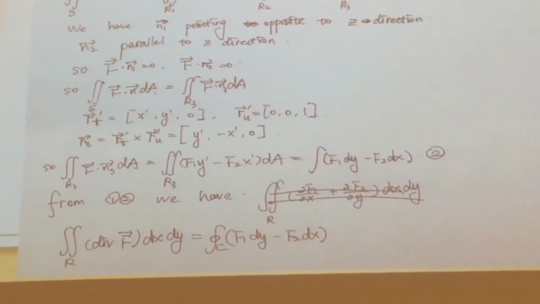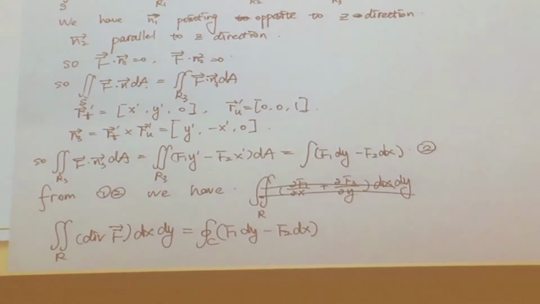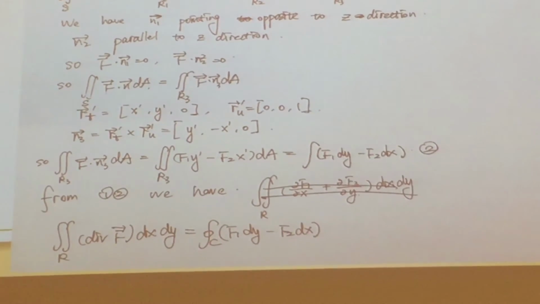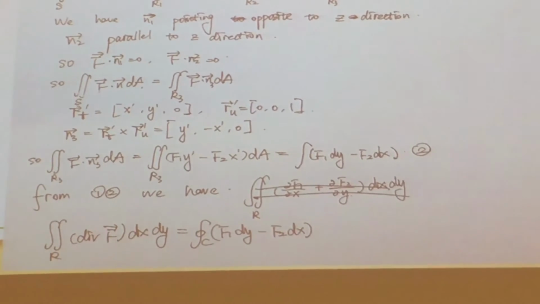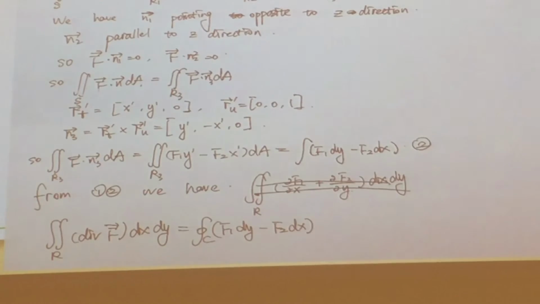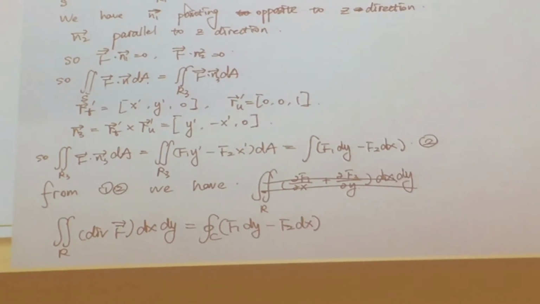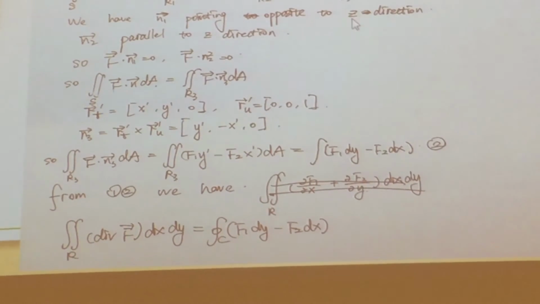So the vector field is just in the xy plane, and the dot product with the normal vector is equal to 0. So the double integral over R1 and R2 is just 0. So the right hand side of the equation is equal to the double integral over R3.